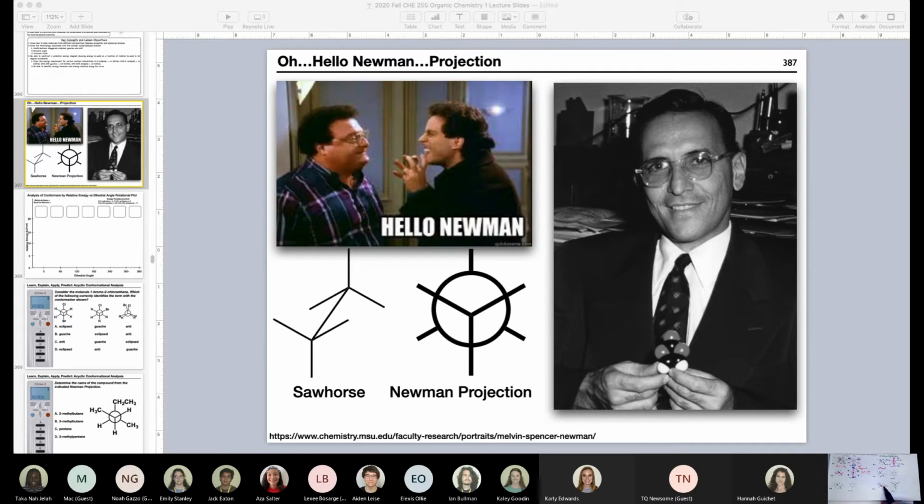So based on that, we're only dealing with the front carbon. What should go right here? So that's methyl. Then what goes down? So this is methyl.